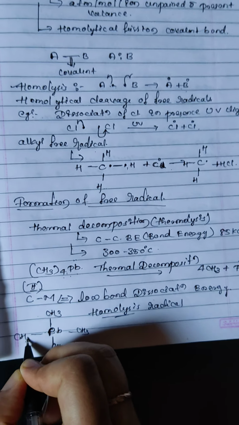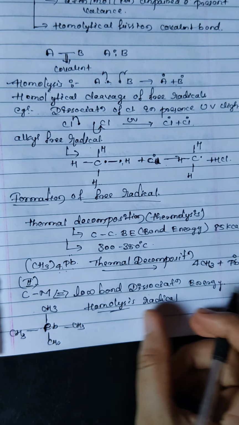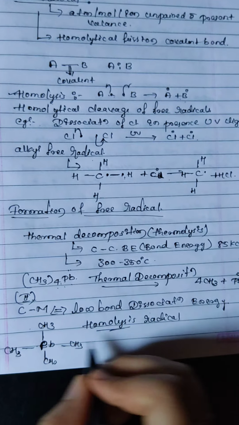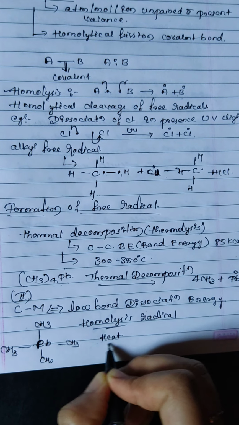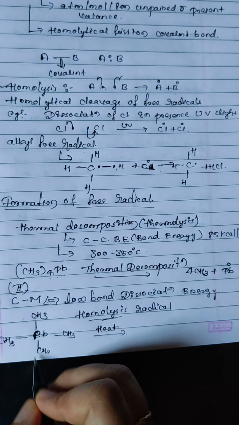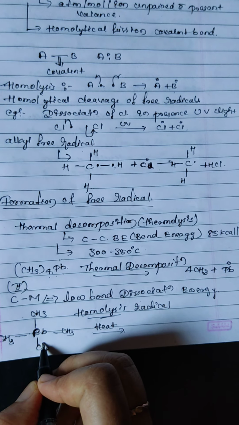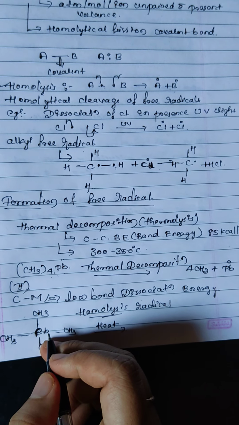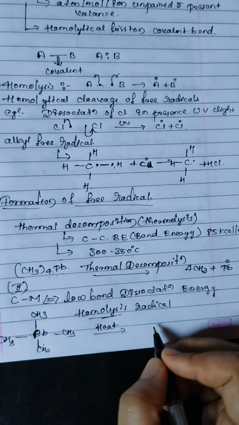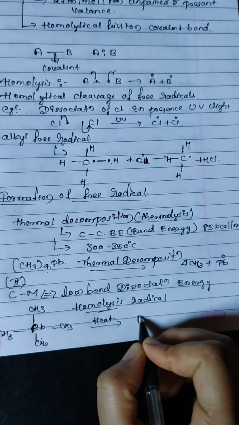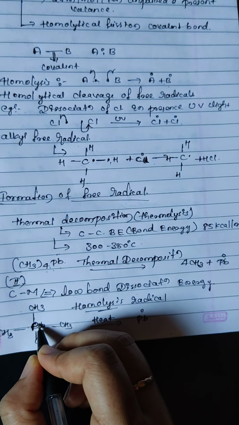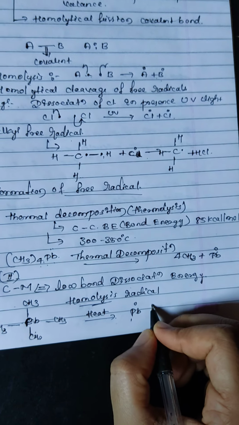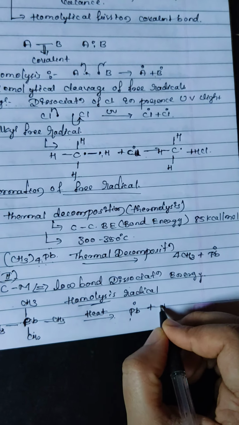There is low bond dissociation energy, so by the homolysis reaction with heating it breaks. Lead comes out as a radical, plus 4 CH3.